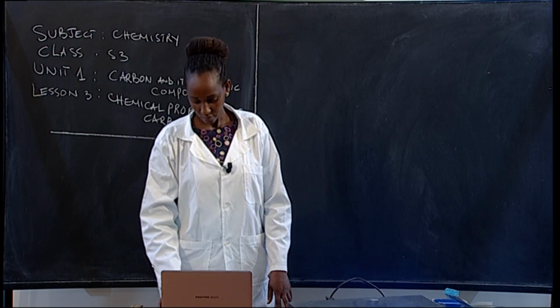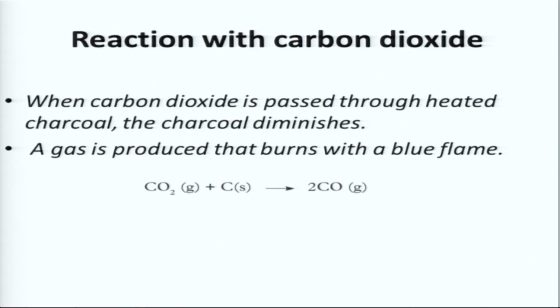Good. So we've also looked at how carbon dioxide reacts with carbon or charcoal. We have said that when carbon dioxide is passed through heated charcoal, the charcoal diminishes, or it starts to stop burning, forming a blue flame.